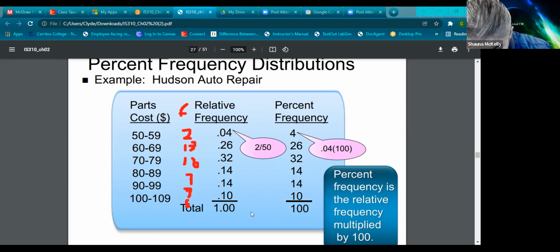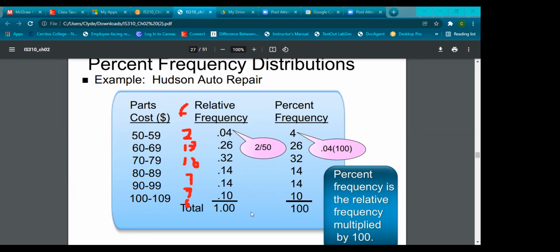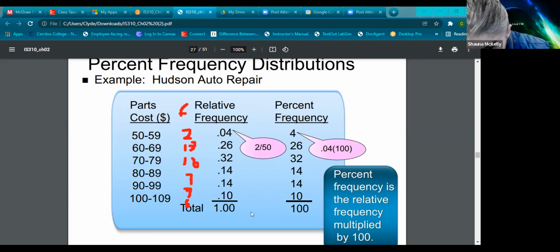Okay. Now, cumulative frequency means that you're accumulating the frequencies. So you always get your first cumulative frequency for free. It matches your frequency. So that's 2.